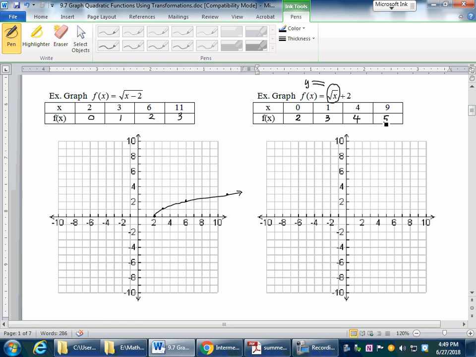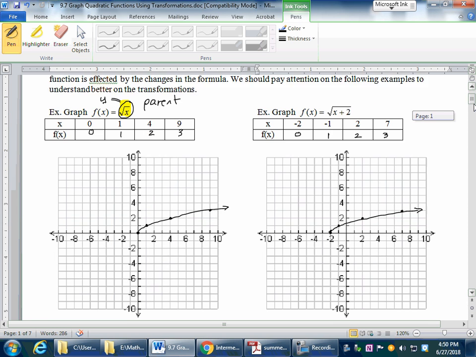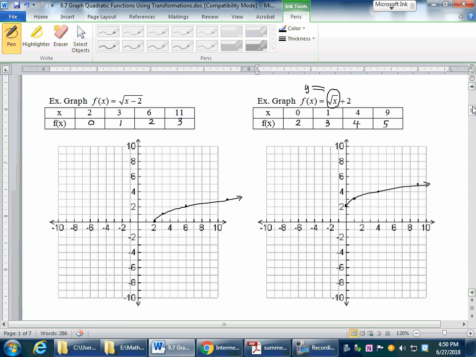So now at 0 it will be 2, at 1 will be 3, at 4 will be 4, and at 9 will be 5. Notice that this graph shifts up 2 units because you are adding 2 to all your y values from the parent graph. Look, this is my parent graph.